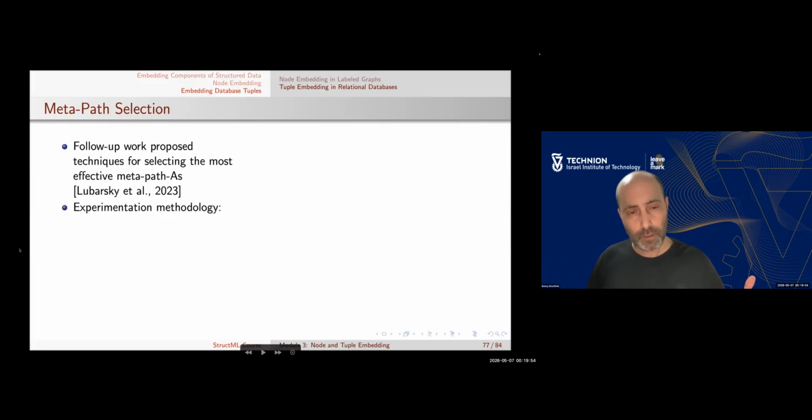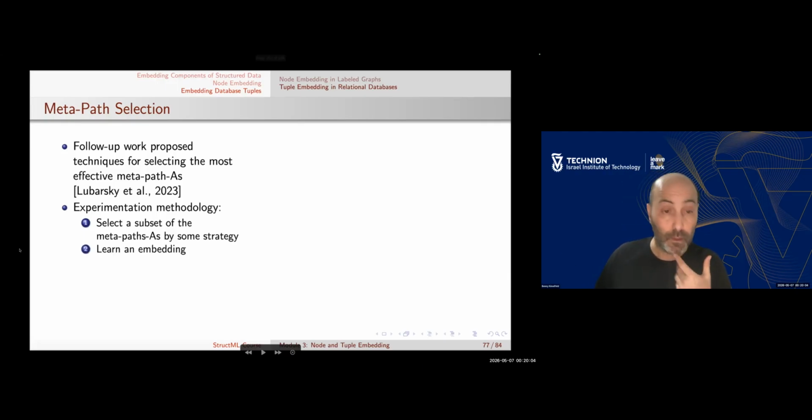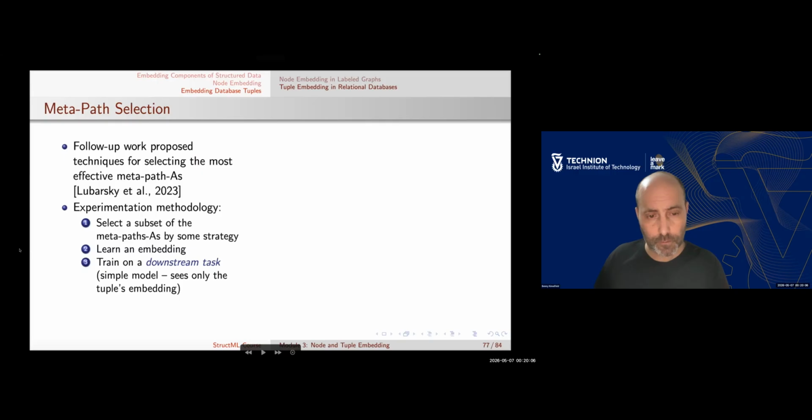There was an interesting experiment where you select a subset of the metapaths by some strategy, and several strategies are studied in that work. You learn an embedding, you train on a downstream task with these embeddings, and after each epoch, you record both the time of the epoch and the accuracy.